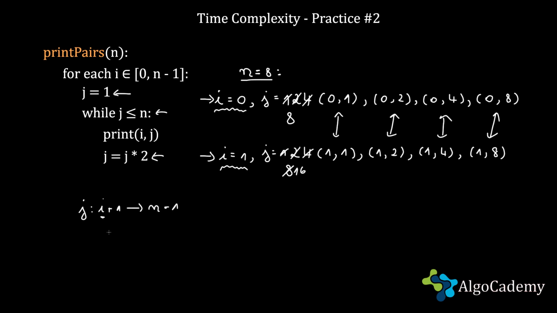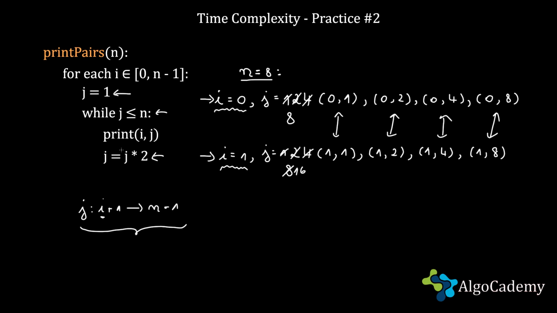The first observation is that j is going to act the same no matter the value of i. So the number of iterations this while loop is going to perform will be the same no matter the value of i. Here, if you remember, the number of iterations depended on i. It was n minus 1 minus i, or something like that. So i was an important factor, but here, i doesn't matter.